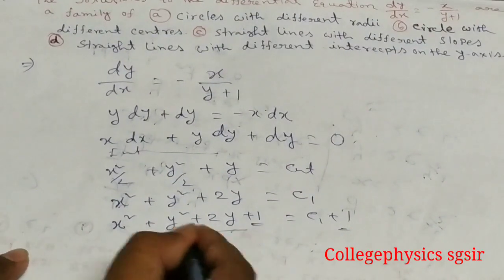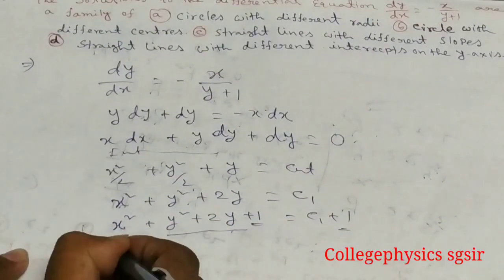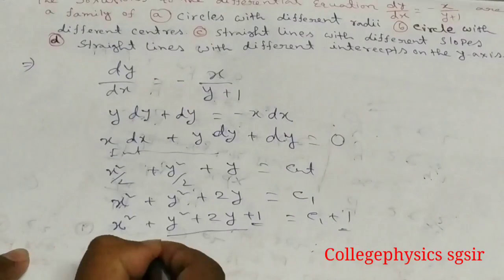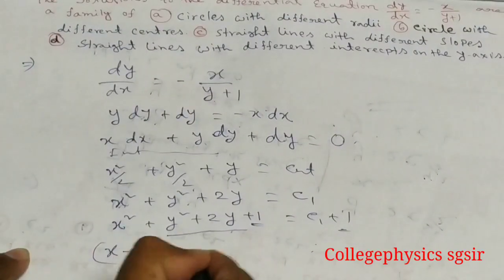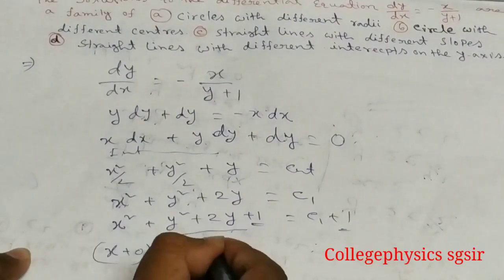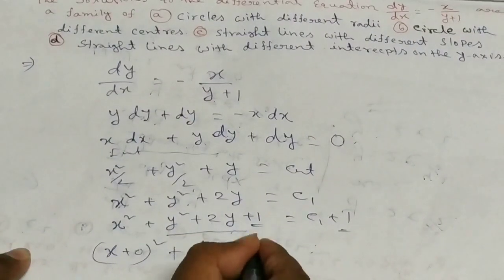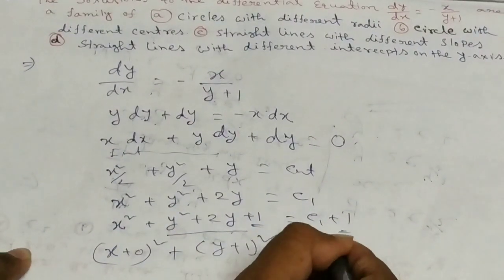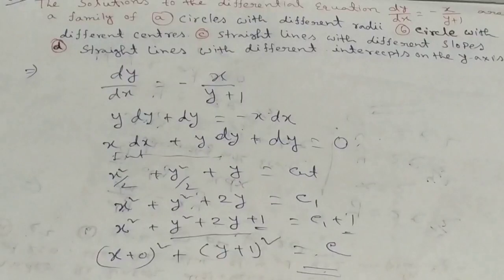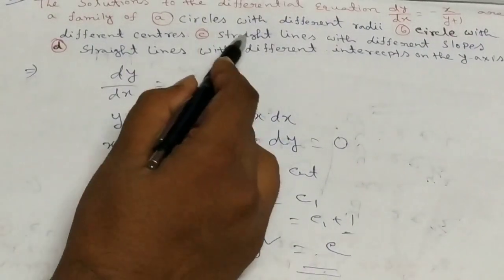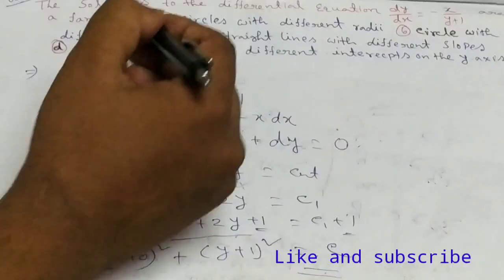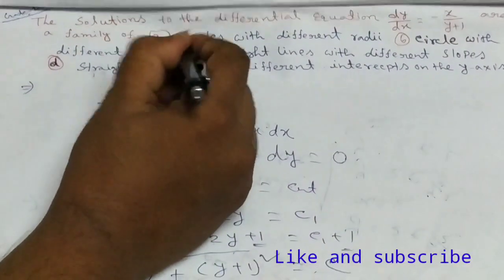So this is y square plus 2y plus 1. That means this is (x minus 0) whole square plus (y plus 1) whole square equals c. So we can write this is the equation of a circle with different radius. So option 1 is correct.